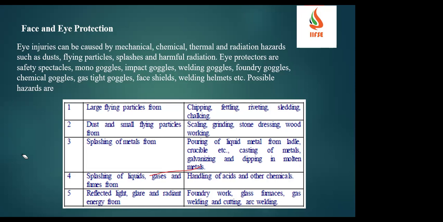You can see large flying particles, dust and small flying particles, splashing and also metal fumes, etc., and chipping, cutting or riveting, etc. These are also the major hazards which lead to face and eye injuries.